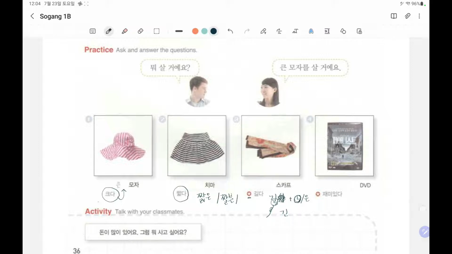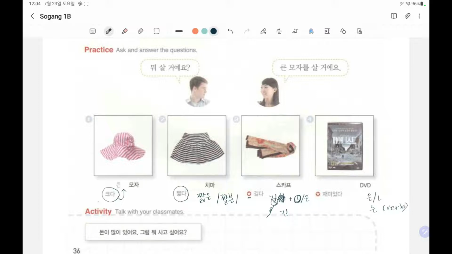How about this one? 재미있다 있네요. Funny, interesting, fun. So you want to say an interesting DVD. This is irregular because instead of 은 or 니은, we need 는 as in verbs.